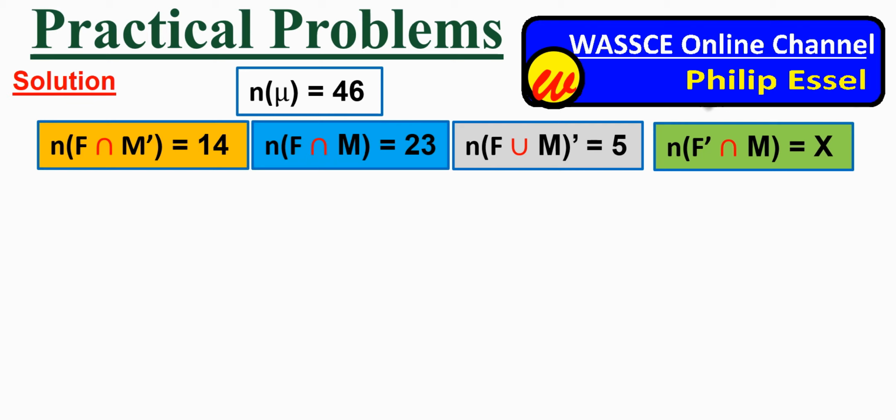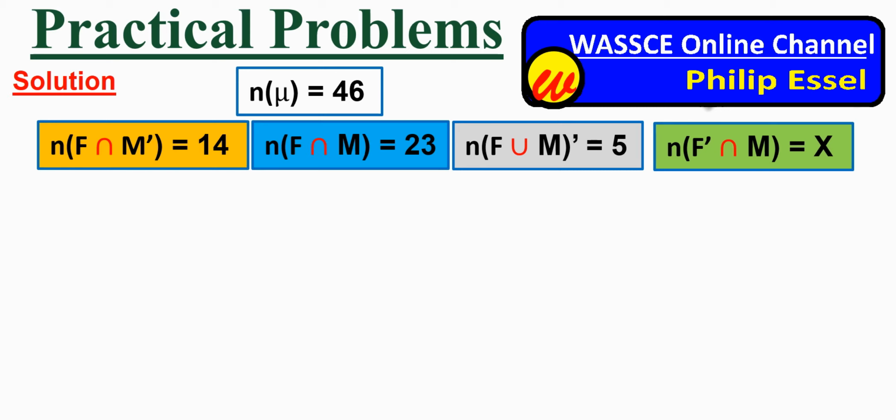For those that passed Maths only, we were asked to find this number, and of course, because we do not know it, we represented this number by the variable x.